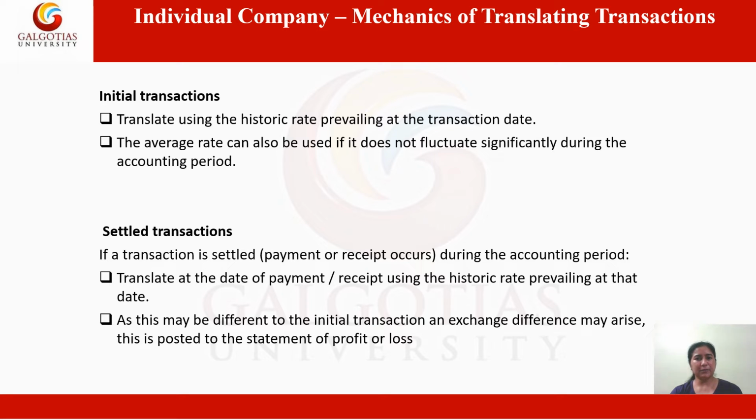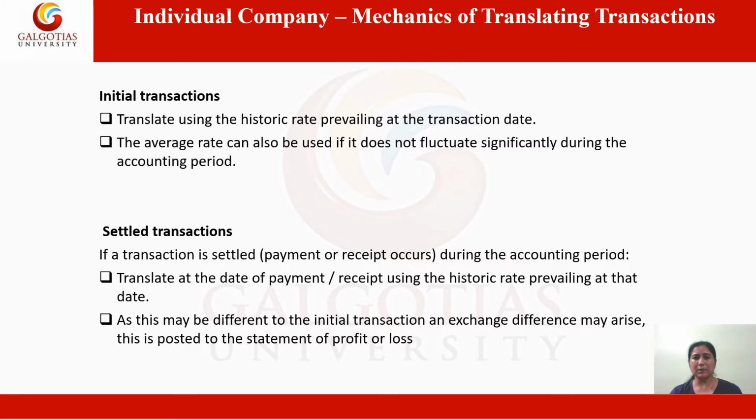According to IAS 21, initial transactions are required to be translated using the historic rate prevailing at the transaction date. Alternatively, the average rate can also be used if it does not significantly fluctuate during the accounting period.